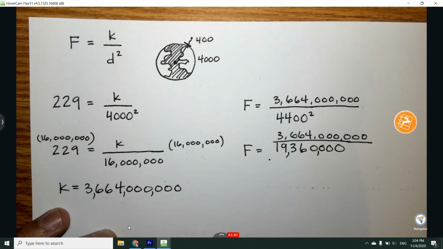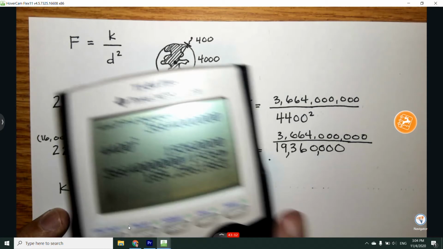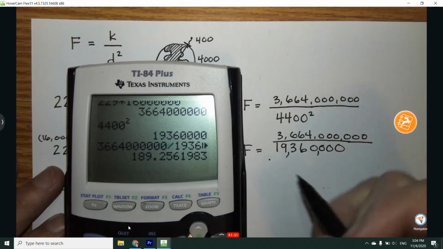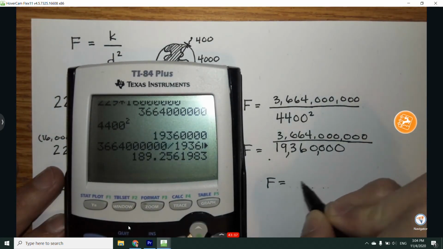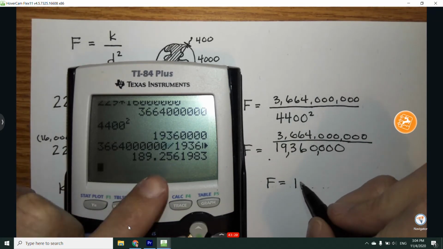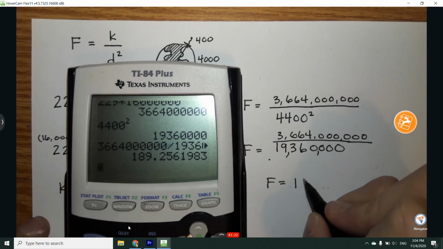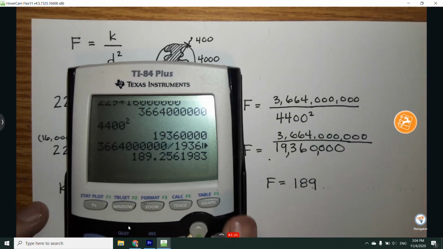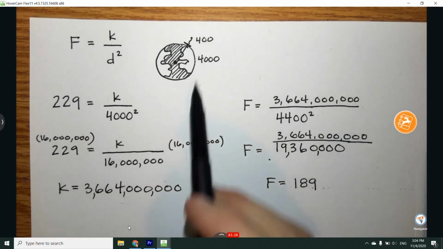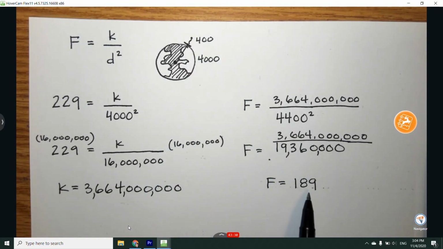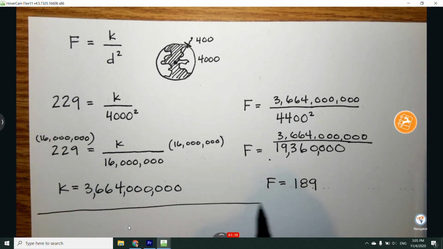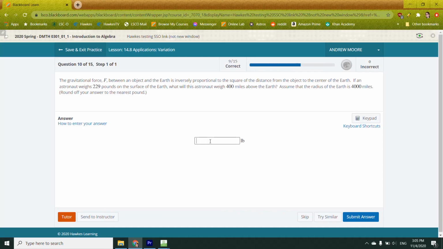So that divided by that gives us an answer where our force is equal to 189. And this 2 doesn't make this round up. So this astronaut is 189. And you can see that as he gets away from the Earth, his pounds of pressure start to decrease. And so you can see his weight went down. And that makes sense by our logic.